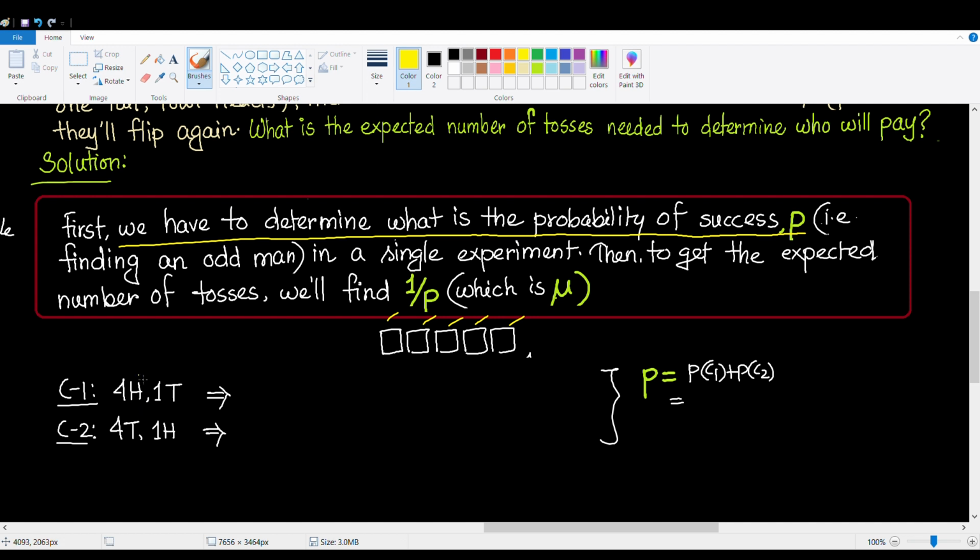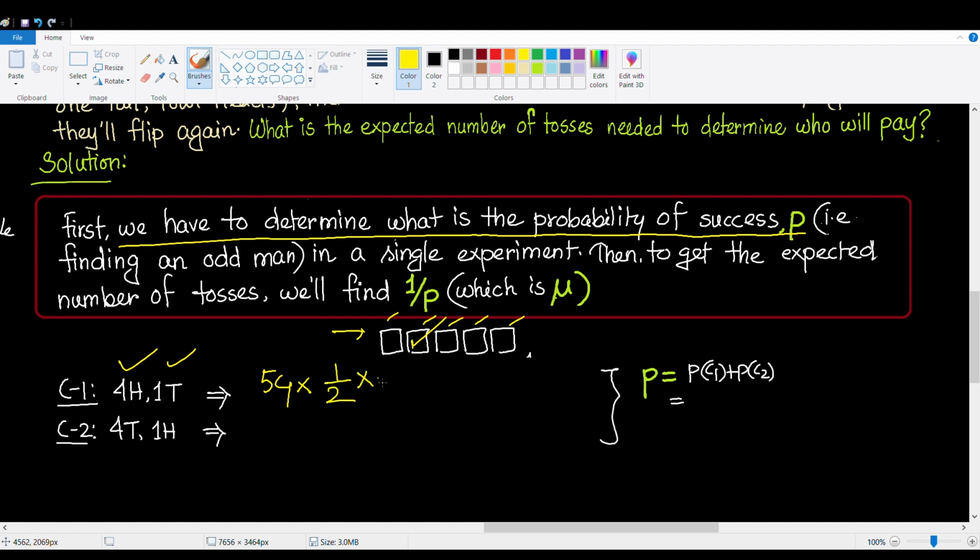So case 1 would be 4H1T. So we are going to put 1T in any of these 5 boxes, and then we are going to fill up the remaining boxes with H. We can choose any one of these 5 boxes for putting a T. Therefore 5C1, say we have chosen this box, and now the probability of getting a tail in this box would be half, right?